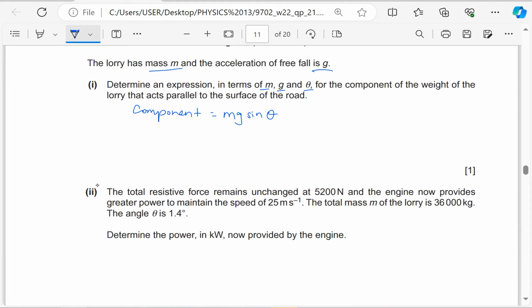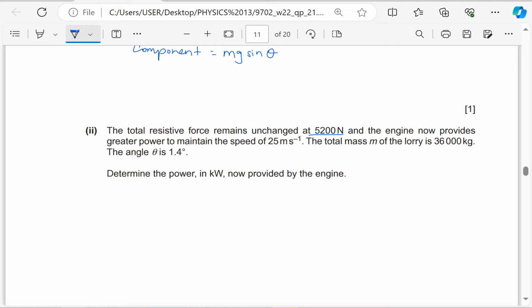The total resistive force remains unchanged at 5,200 newtons, and the engine now provides greater power to maintain the speed of 25 meters per second. The total mass m of the lorry is 36,000 kilograms, and the angle theta is 1.4 degrees.